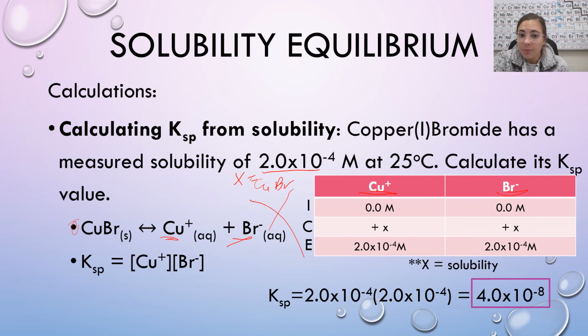Initially, I'm going to have no ions. Both of these are 1, so plus X, plus X. So the equilibrium concentration for both of these is X, and from our problem, we know that X equals 2 times 10 to the negative 4. Then I just plug, like always, the equilibrium concentrations into the K value to get my KSP.